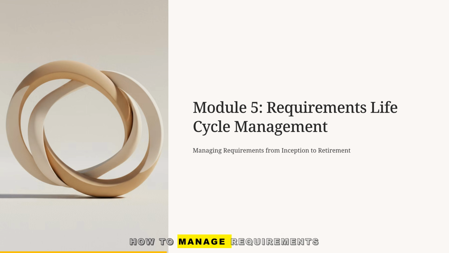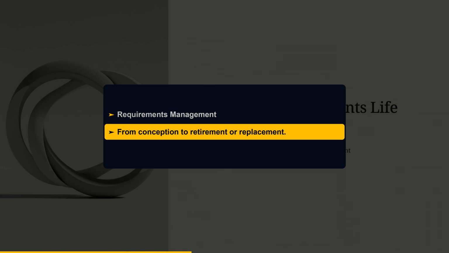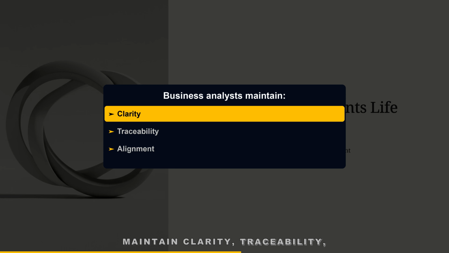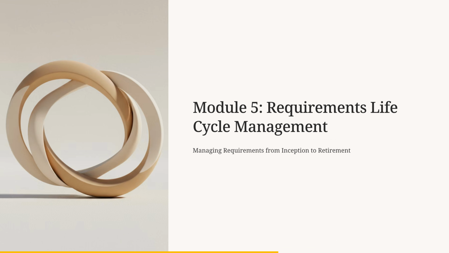RLCM teaches us how to manage requirements and design information from the moment they are conceived, right up until they're retired or replaced. Throughout this module, we'll explore how business analysts maintain clarity, traceability, and alignment between what stakeholders want and what teams actually deliver.